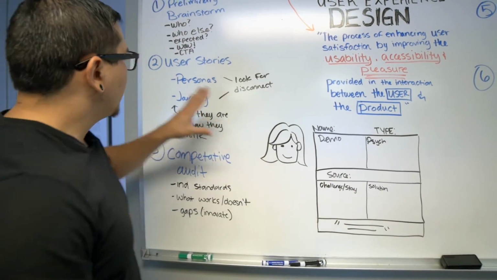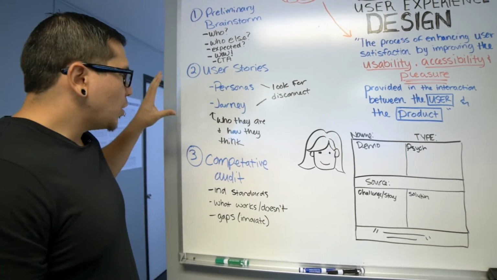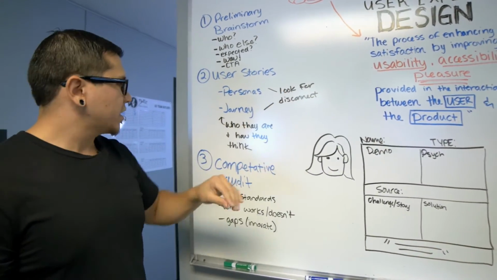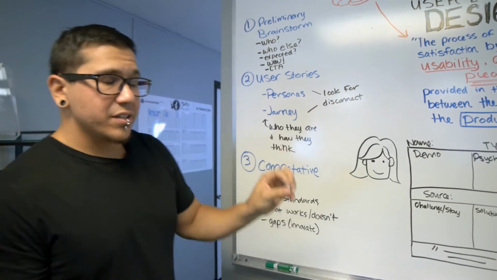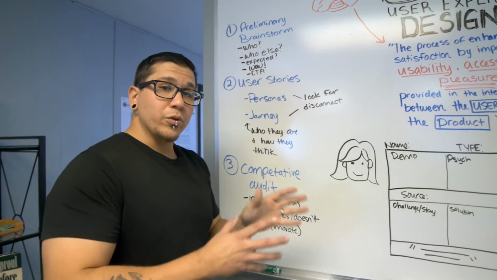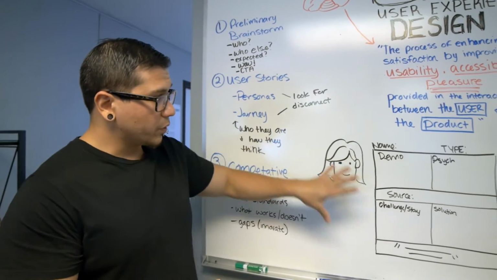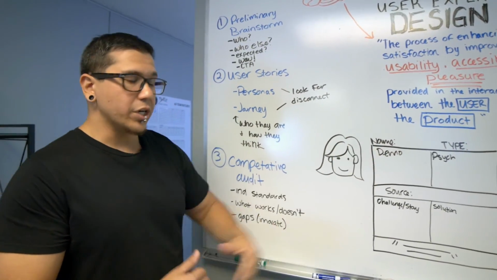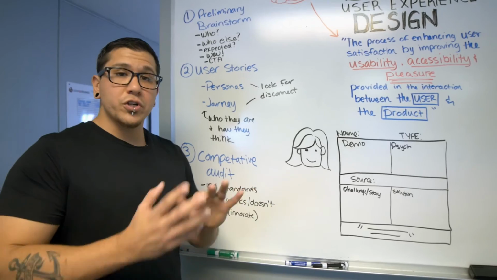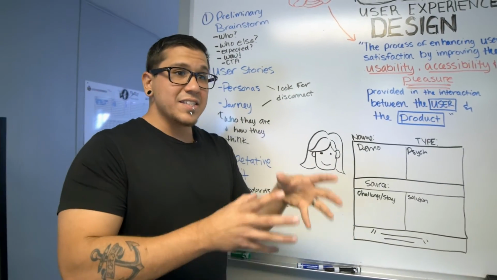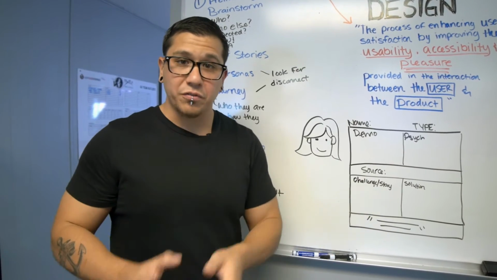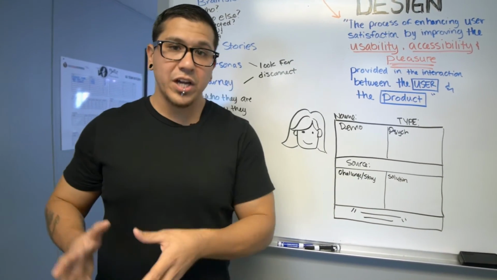When we do user stories, we're trying to look for areas of disconnect. We want to know who our users are, how they think, and look for areas of disconnect. I might do 3 or 4 personas, or this is a persona in a user journey, but I might do 2 versions of the same user. If this is Sally, I might say this is an actual story of how a user found us and their interaction with our brand.